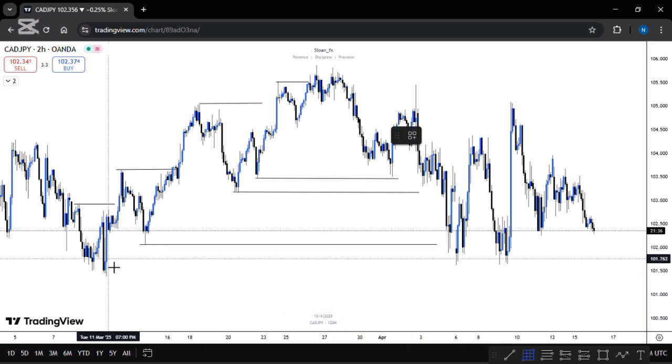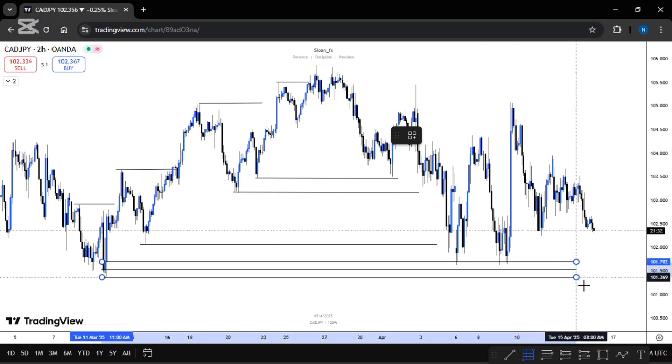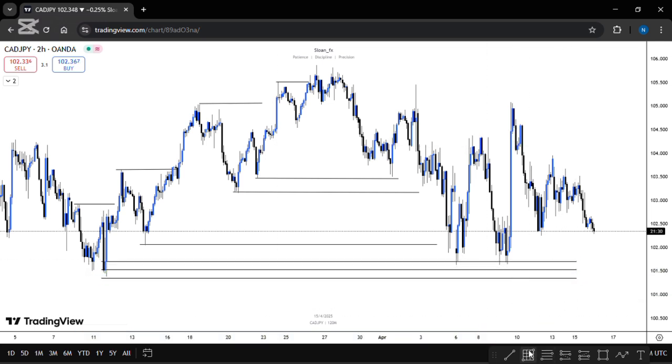Picking this low here as the lowest order block, and then furthermore you can find that there are little other blocks from inducements and so on. You can find another block here which the market took out. My basic focus right here is on engineered liquidity.